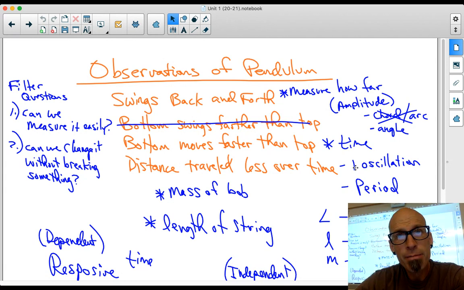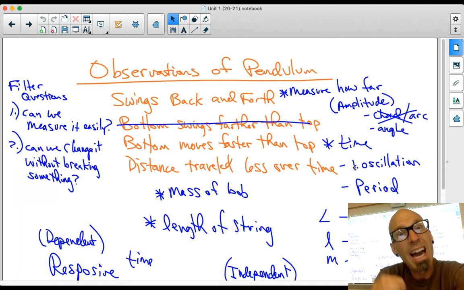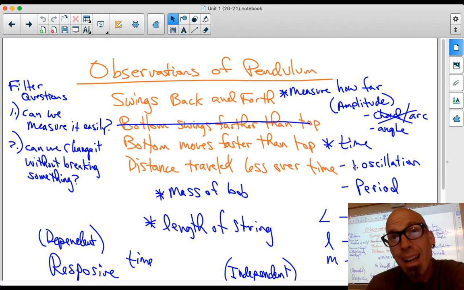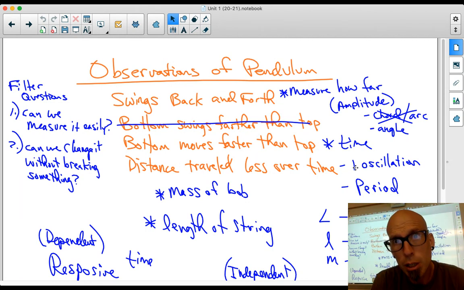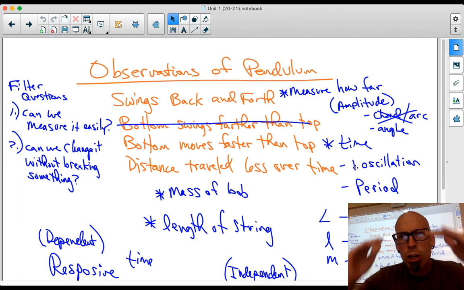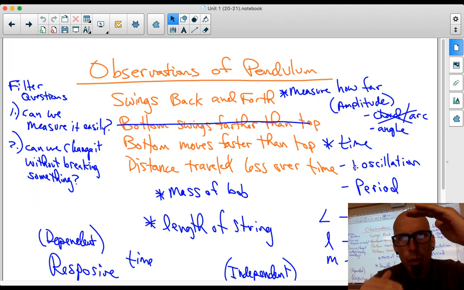This kind of motion, something that's repetitive, back and forth, is called periodic motion because it repeats itself at regular intervals. That's why the periodic table of the elements is called the periodic table, because the characteristics of the elements, their properties, repeat themselves at regular intervals.